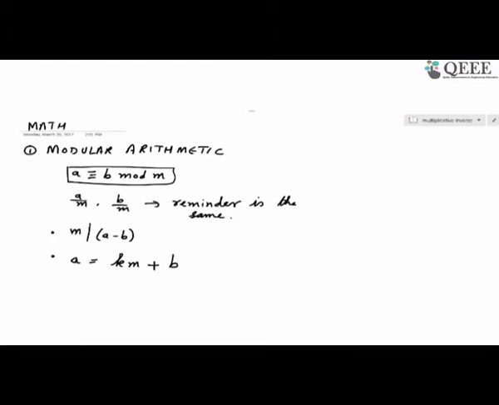Special importance for us came when we had the remainder of 0. If A divided by M leaves a remainder 0, we gave the notation M divides A perfectly, or we can represent this as A congruent to 0 mod M.